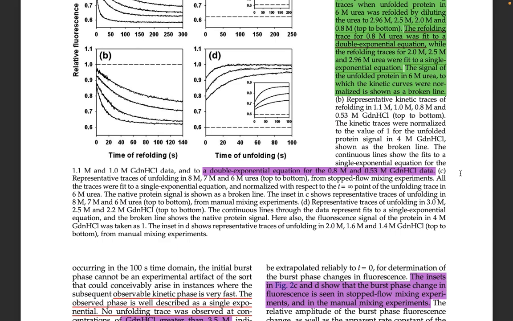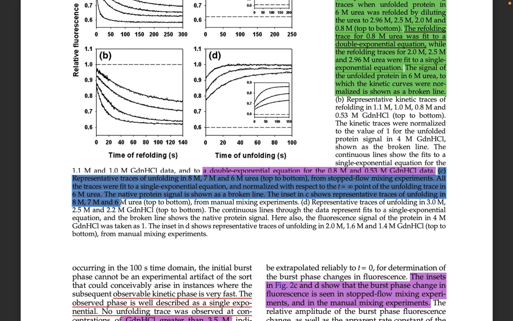Okay, so C shows representative traces of unfolding in 8 molar urea, 7 molar urea and 6 molar urea, top to bottom, from stopped-flow experiments. All the traces were fitted to a single exponential equation and normalized with respect to the t equal to infinity point of the unfolding trace in 6 molar urea.